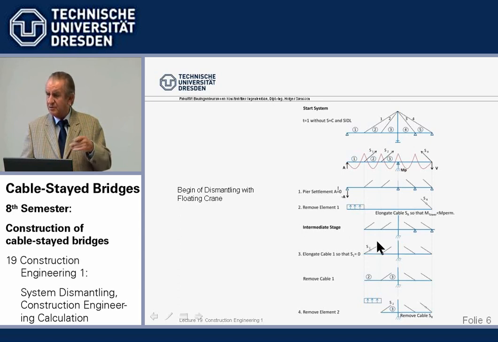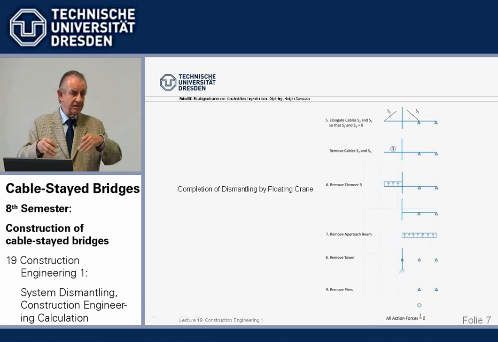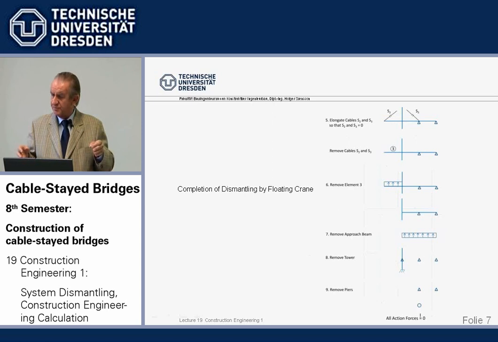Elongate the cable, force 0, take it off. And that's all there is to it. And if you give these commands to the system in Sophistic, it will give you the run-off forces and the deformations and everything. So that really is the heart of the matter of what we are talking about today.